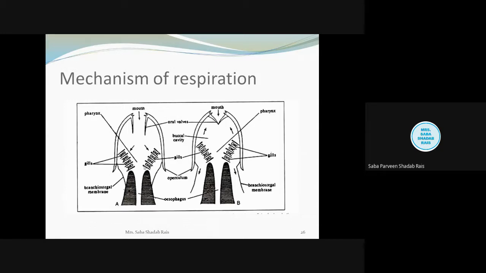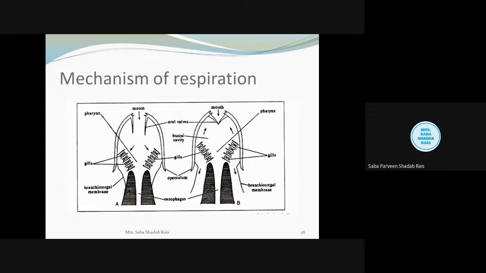Okay. Now when the oral valve will be opening, just imagine the situation from here. Operculum is open. So when the operculum will open, this branchiostegal membrane will close the gill aperture.